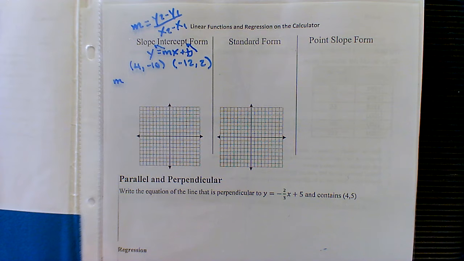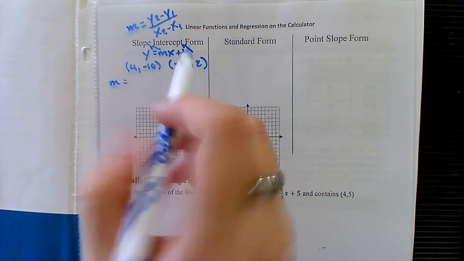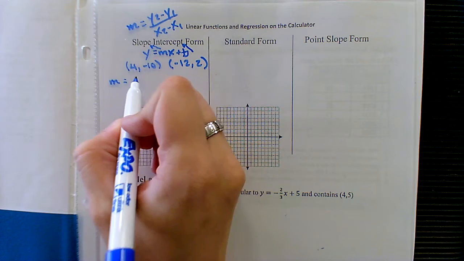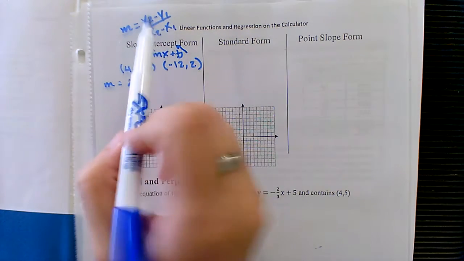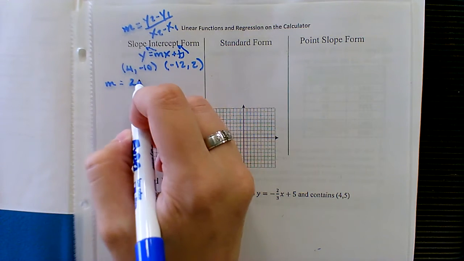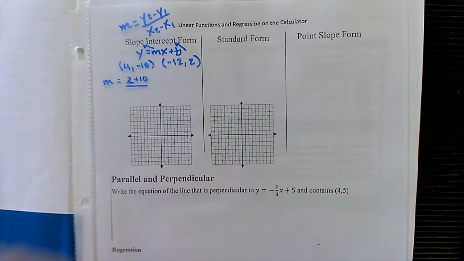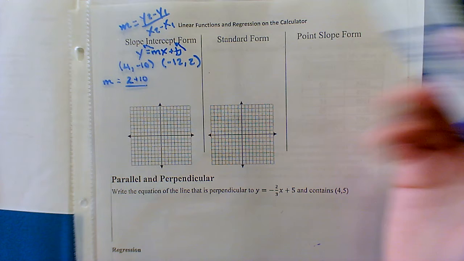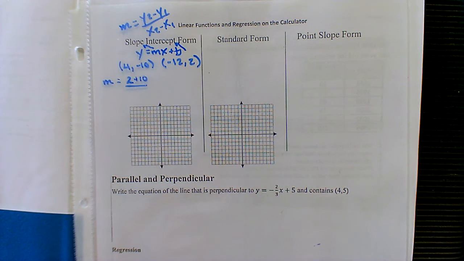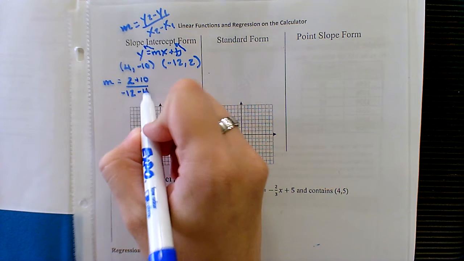No. So we'll have 2, and then we need to subtract the other y-coordinate. If we're subtracting a negative 10, we've got to be careful because that would change to a plus. Now the fact that we started with the 2 up top means we have to start with the negative 12 as the x value on the bottom. You have to be consistent. So this has to be the negative 12, and then we're going to subtract the 4.